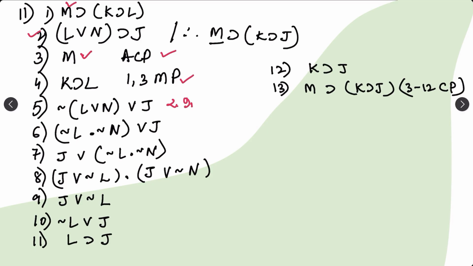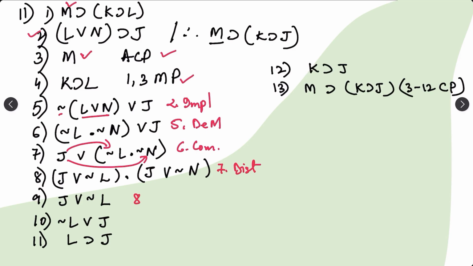In second you used implication, and then after implication in fifth you are using de Morgan, so here there is negation and then L which N, so in this de Morgan is used. And after using de Morgan, in number 6 commutation is being used. After commutation, in number 7 you did distribution, so distribution with both. And then after that you can do the simplification of 8.